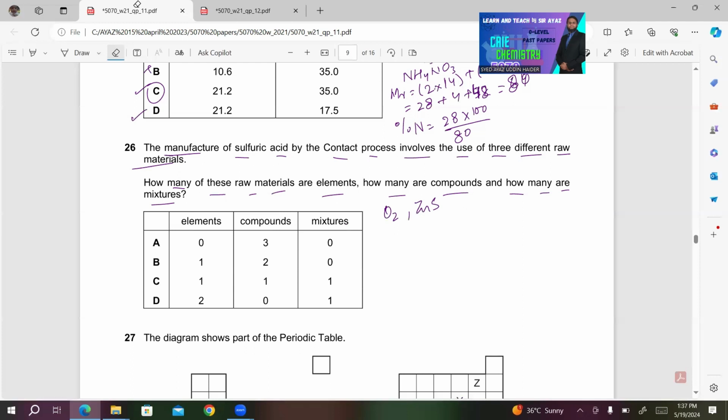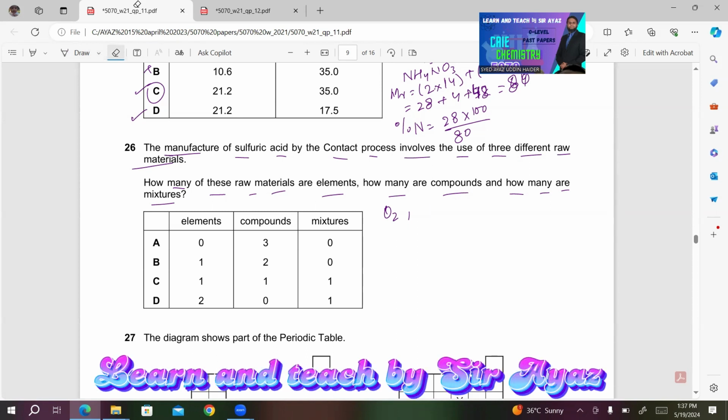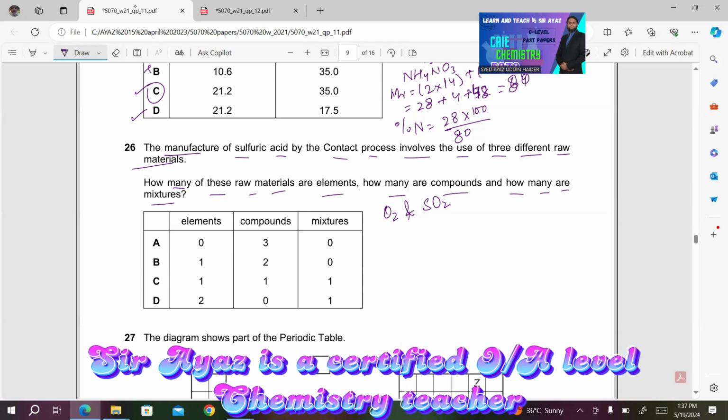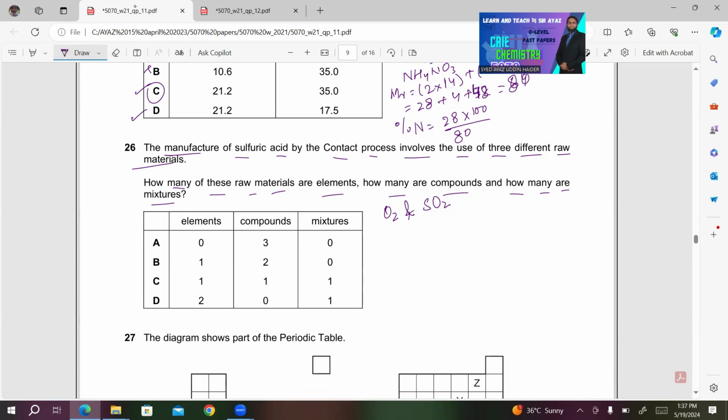It's a compound. We also have oxygen and sulfur dioxide. Sulfur dioxide is mixed with some impurities, so it's a mixture at the same time. So we have to remove the impurity from the sulfur dioxide. So we have one compound, one element, and one mixture here. So C must be the right answer for 26.